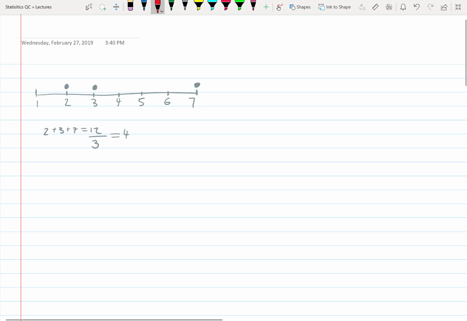And I'll put a dot over there for that mean. The standard deviation for this group of scores, let me just write that mean down. Mean equals 4. Standard deviation is going to be equal to 2.2. You can figure that out yourself. I'm not going to bother doing the calculation right now.